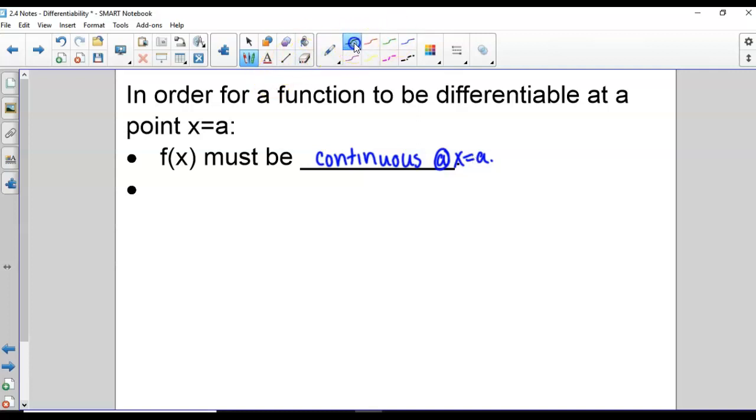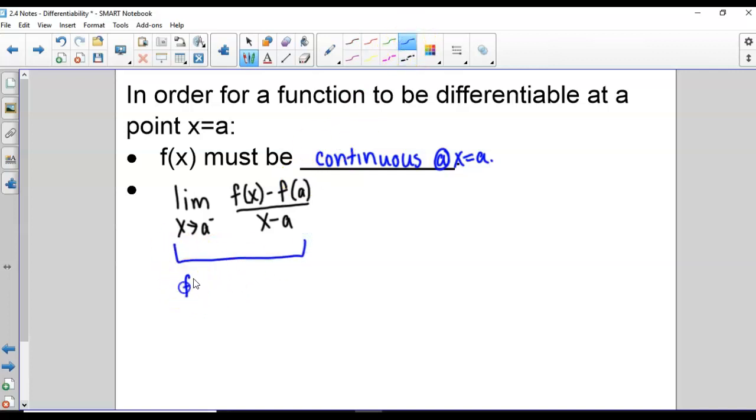So for this, we'll say that the limit as x approaches a from the left of f of x minus f of a all over x minus a, we can think of this part right here as f prime of a from the left.